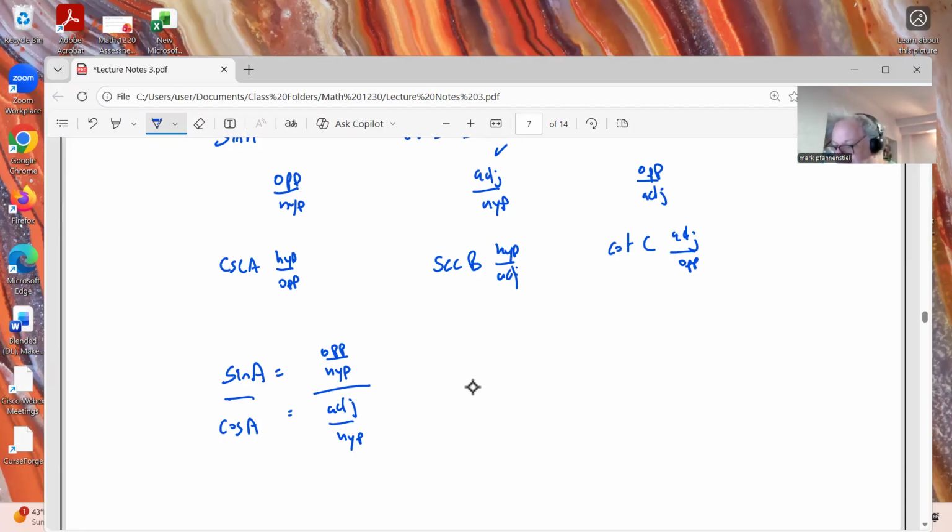I remember that in intermediate algebra, we learned about compound fractions, which are fractions stacked on top of other fractions. Delightful, I know. So what we're going to do is multiply top and bottom by the hypotenuse. This cancels out our hypotenuse on both sides, and we end up with opposite over adjacent, which was the tangent of this angle.